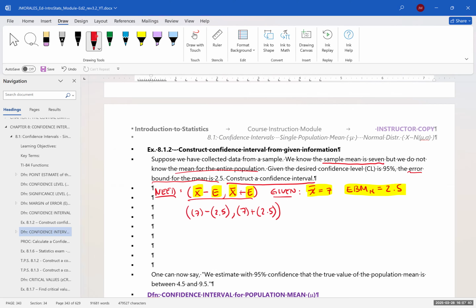And 7 minus 2.5 is going to be 4.5, and 7 plus 2.5 is 9.5. So this is our 95% confidence interval for the population mean.